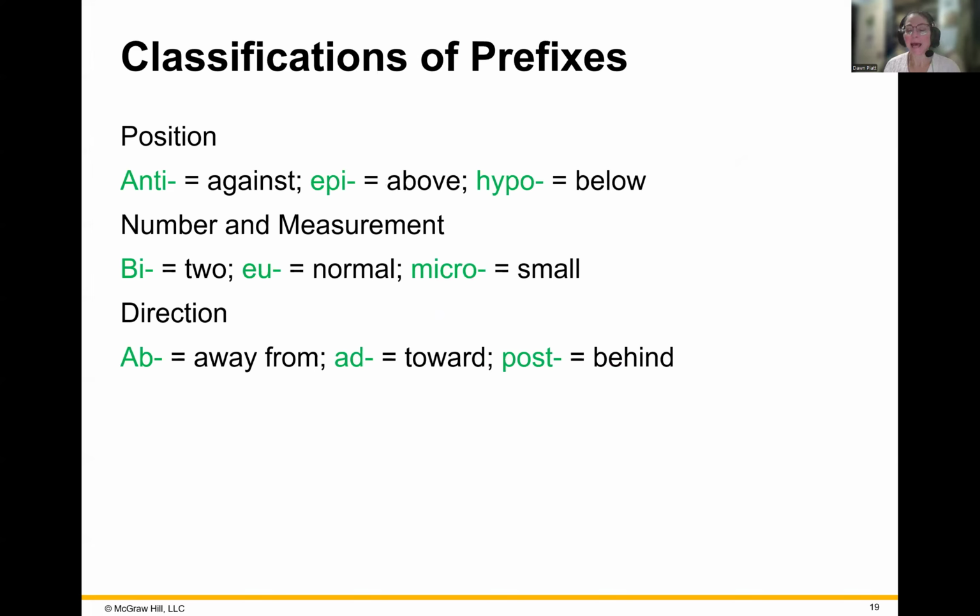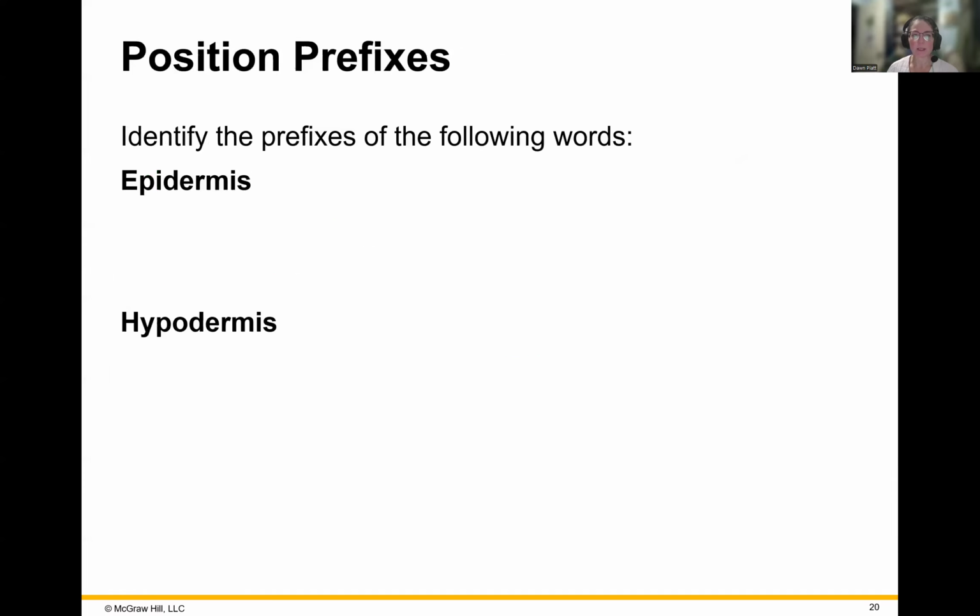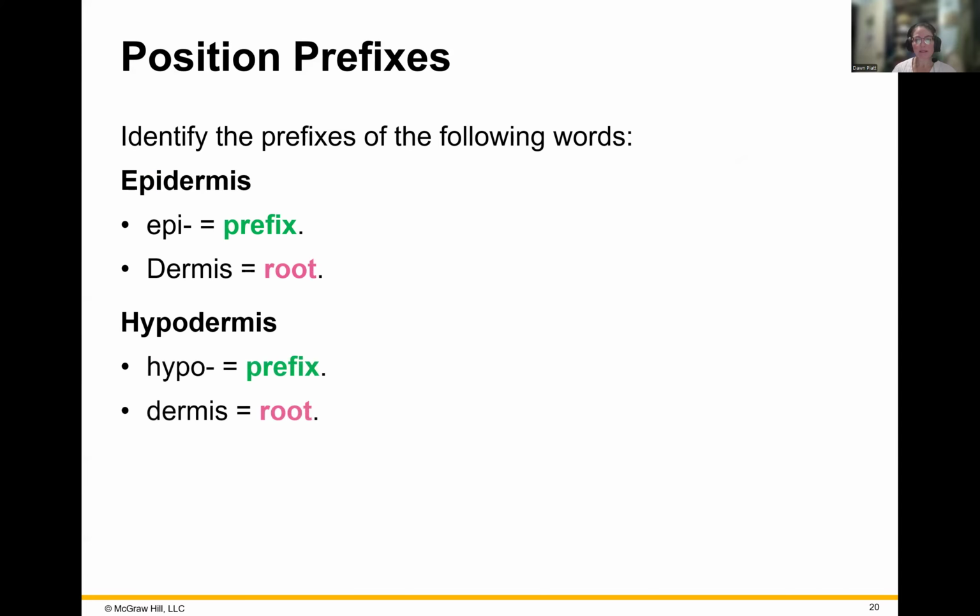Anti means against, epi means above, hypo means below, eu means normal, micro means small, ab means away from, ad means toward, post means behind, and you'll see these definitions on pages 8 through 9 in the different tables in your books.